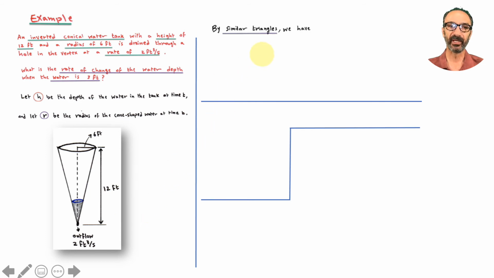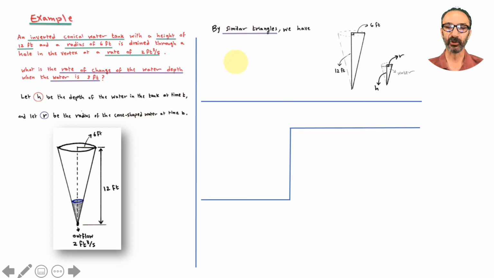By similar triangles, now if you take this to a two-dimensional graph and focus on the math part, I get a right triangle up here and another right triangle down here. As you could see, this is the water-shaped cone. So we're gonna call this height h, which varies, as mentioned. We're gonna call this r, which varies.